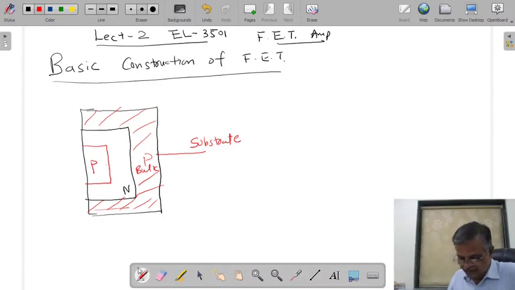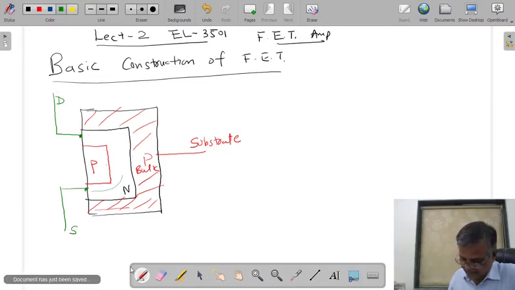Now, at the two ends of this N channel, you make ohmic contact. One contact is known as a drain, the second contact is known as a source, and this is called gate.